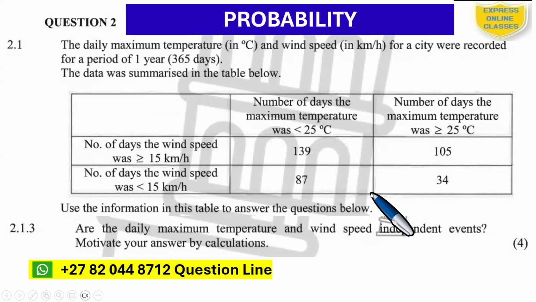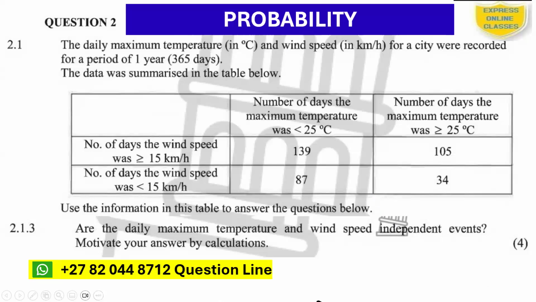Right. Right. So we continue. Let us know when you're done with this question.